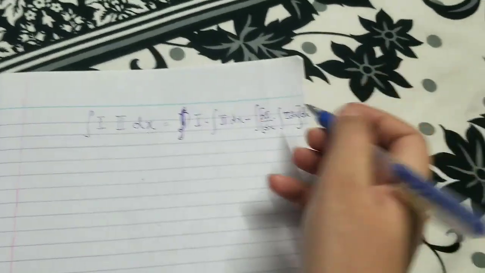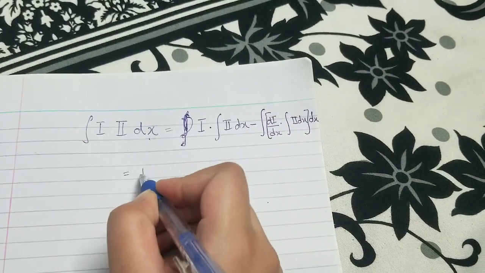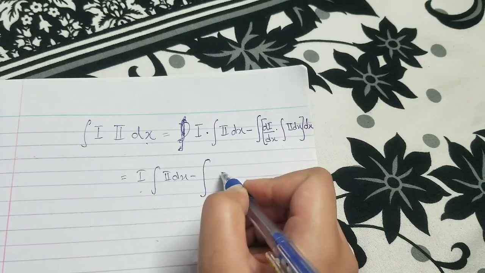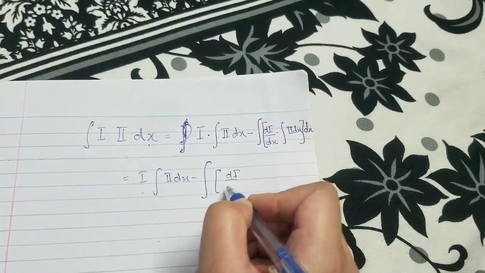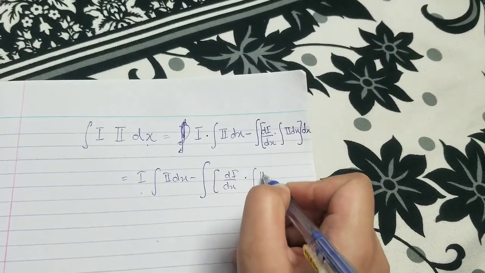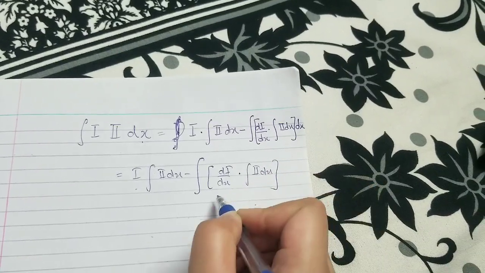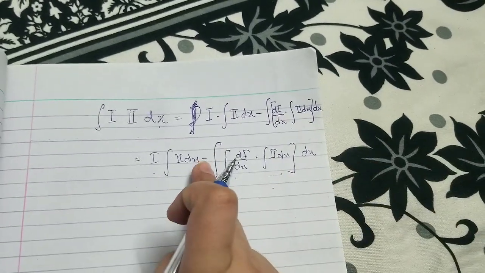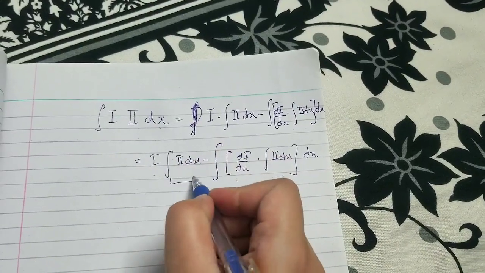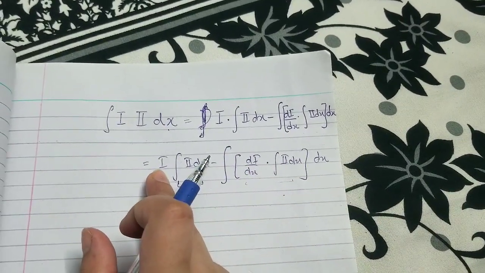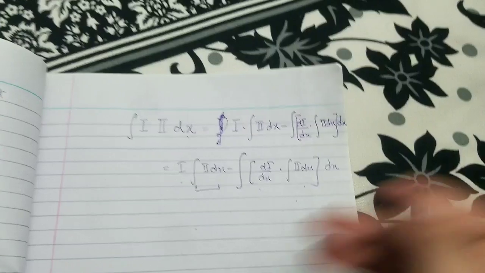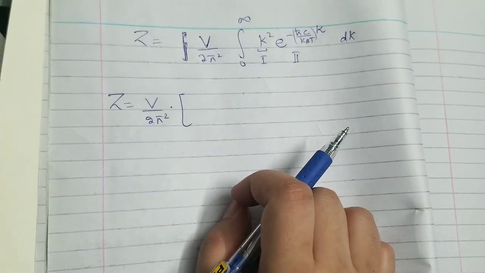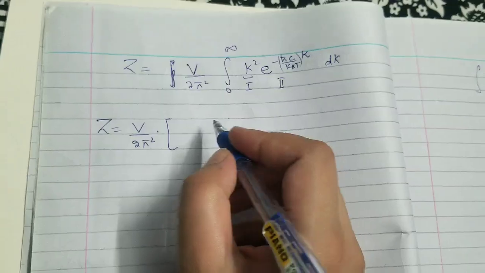So you find this term first, and then you integrate it again with a negative sign, multiplied by the first term as it is, and this is very simple. Let us apply it here, and it will be very easy if you practice it enough times.